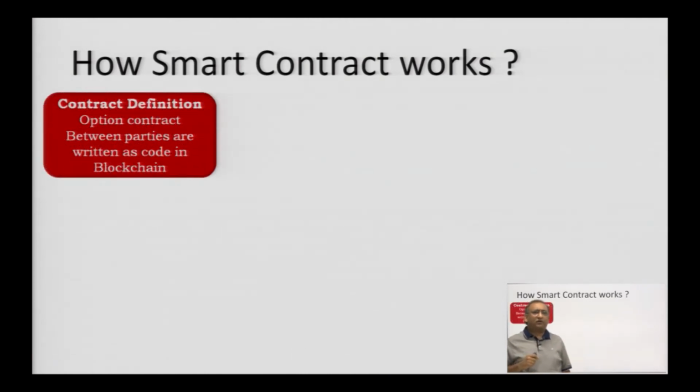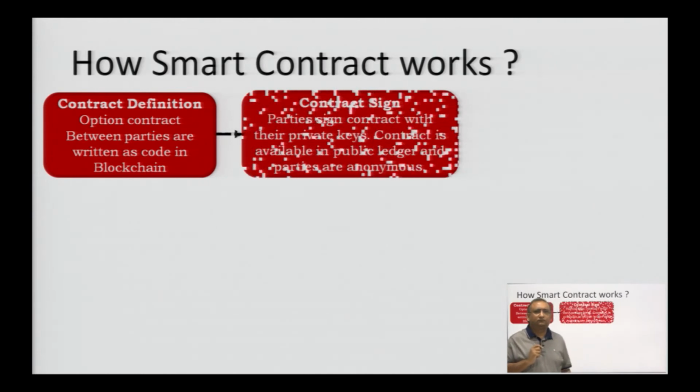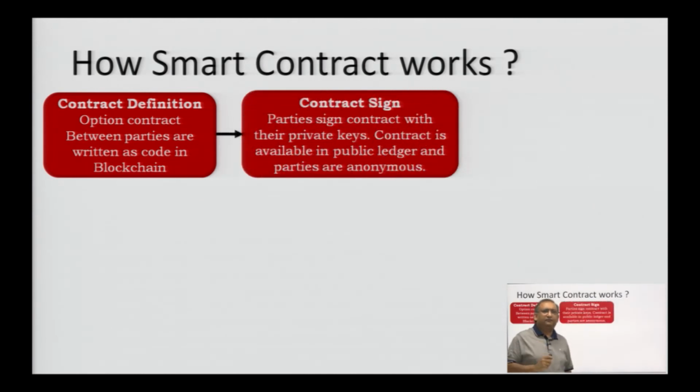Now, how does a smart contract work? First, you do a contract definition, correct. The contract between parties is written as code in the blockchain. Then the contract is signed: parties sign the contract with their private keys as a digital signature, and the contract is available in the public ledger, and the parties are anonymous.